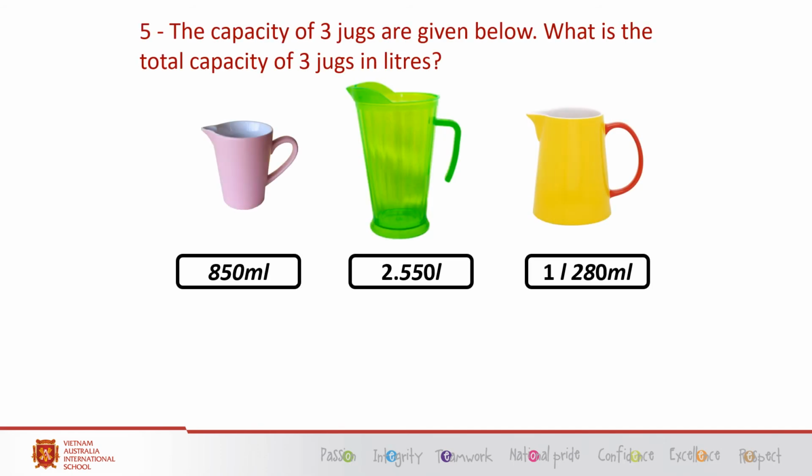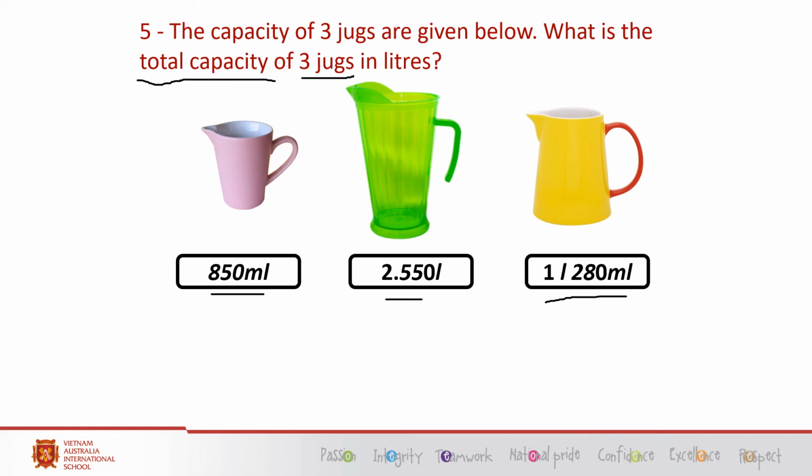Activity number 5. The capacities of 3 jugs are given below. What is the total capacity of 3 jugs in liters? Keywords: capacity of 3 jugs, number 1, number 2, and number 3. The total capacity of 3 jugs.